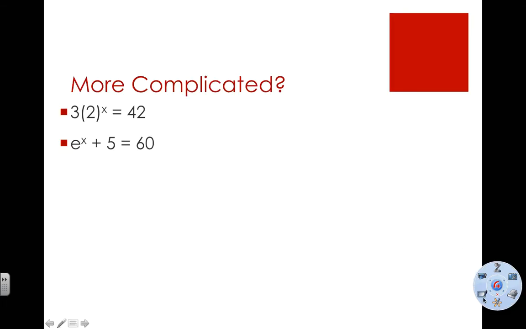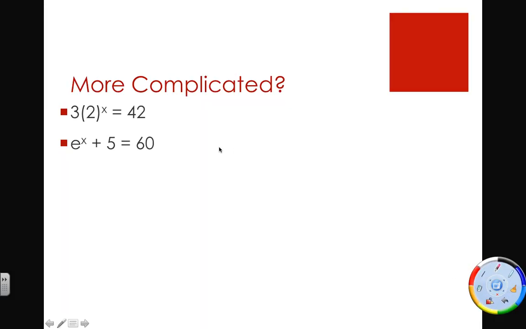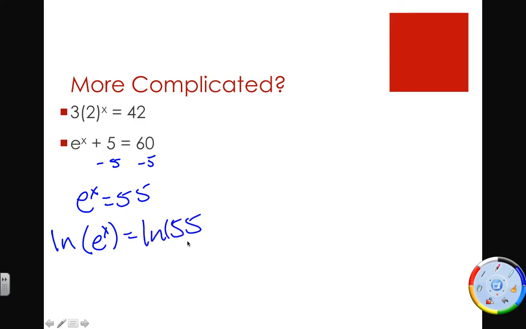Anywho, let's try e to the x plus 5 equals 60. So as before, I have to get the exponential by itself. So I'm going to subtract 5. That's pretty easy. And I'm going to get a very nice and simple e to the x equals 55. Well, I don't know how to change this to one-to-one. So I'm going to take the natural log of both sides. Now when I do that, the natural log and the e are going to cancel.